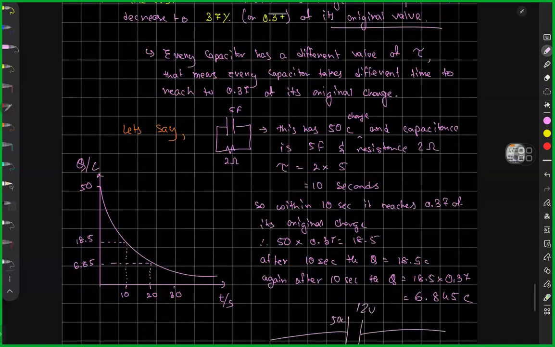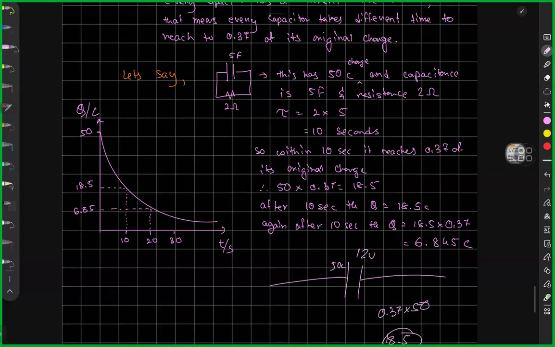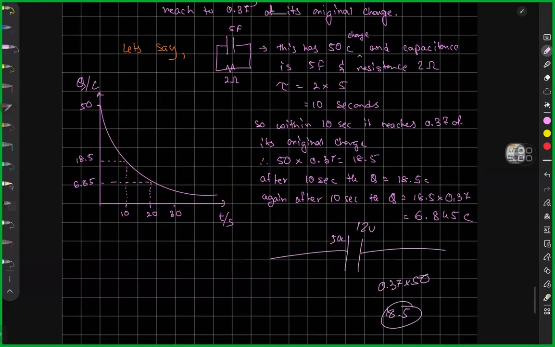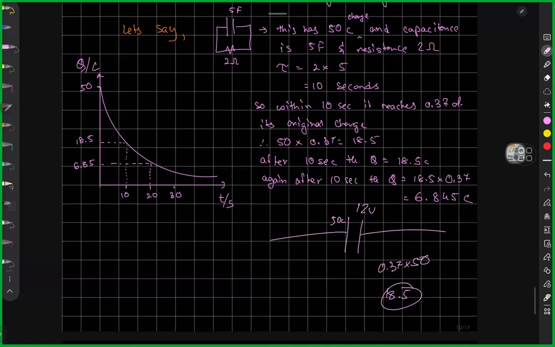The time constant is 10 seconds. So within 10 seconds, it will reach 37% of its initial value, which is 18.5.